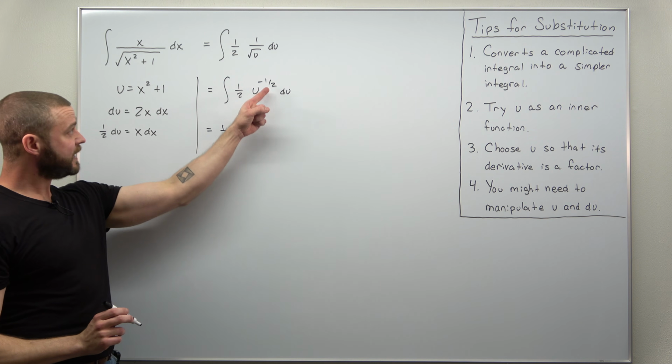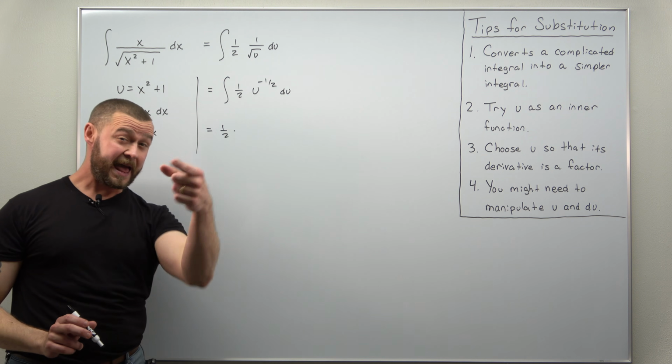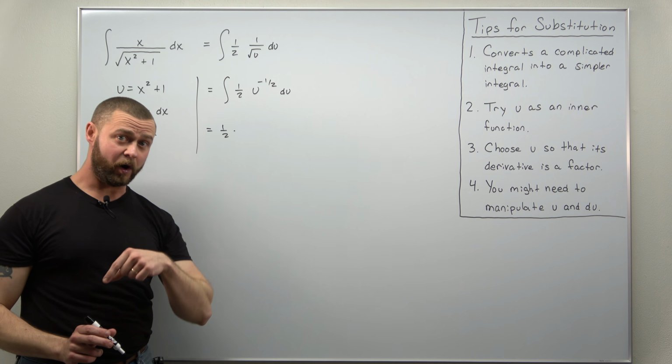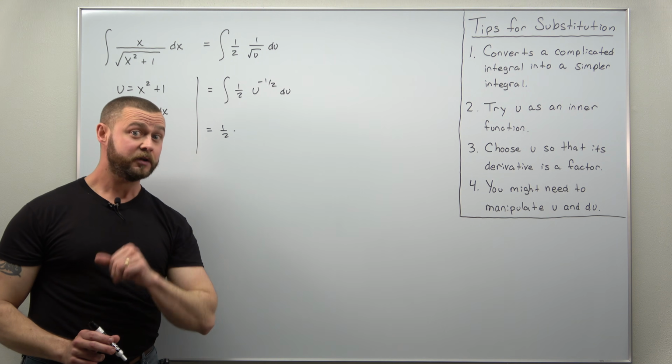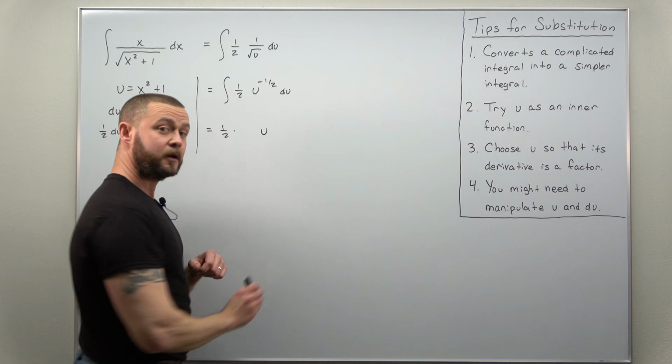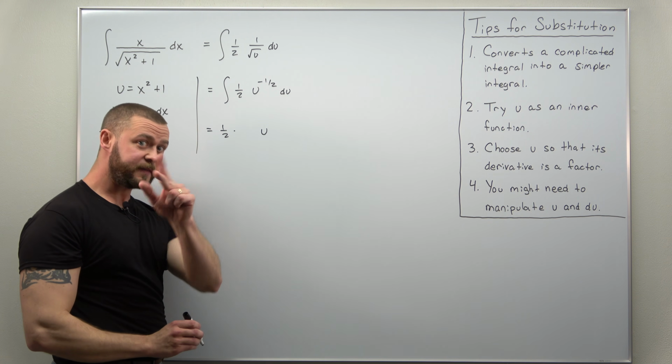And just be careful, we're taking negative 1/2 and adding 1 to that. So remember, you take your power, you add 1, and then divide by the new power to use the power rule for antiderivatives. So we're going to get u to the negative 1/2 plus 1, that's positive 1/2.